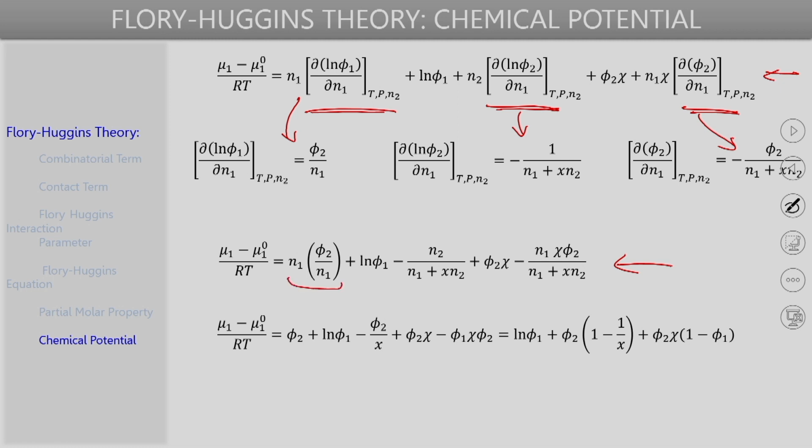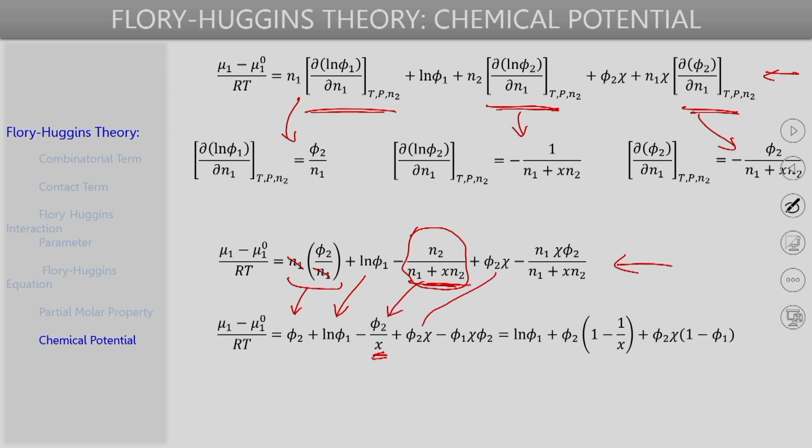This term of course becomes just phi 2, because the n1 will cancel. Ln phi 1 let us leave as it is. This term here becomes phi 2 by x, because if you look at this term here, this is n2 by n1 plus x n2, and we know that phi 2 is x times n2 by n1 plus x n2. So this term can simply be represented as phi 2 by x.